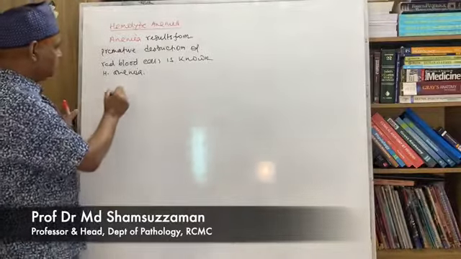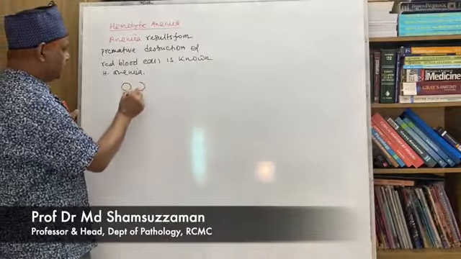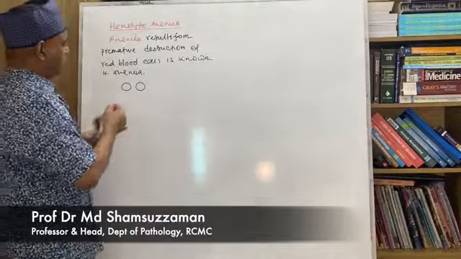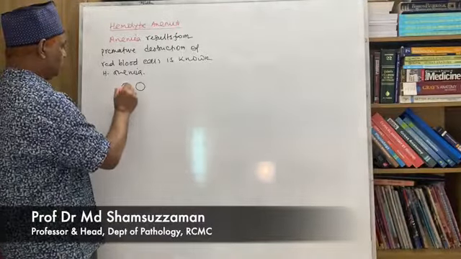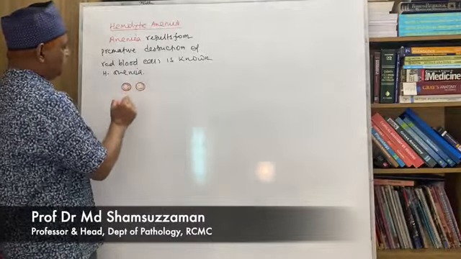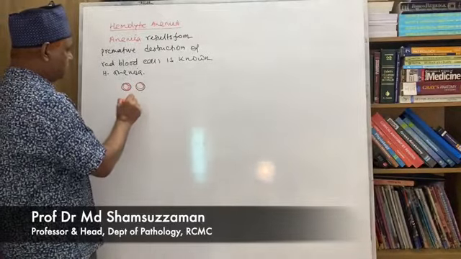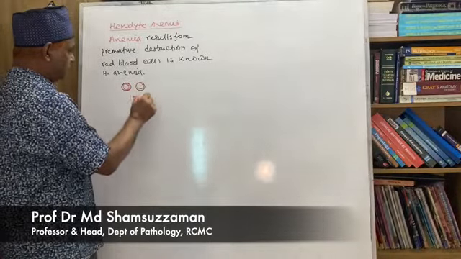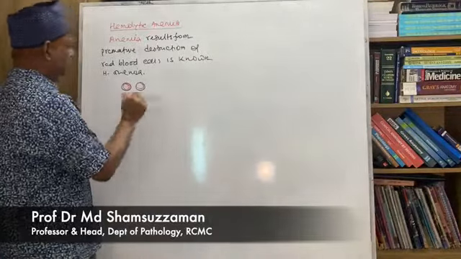Dear audience, this is an RBC containing hemoglobin within it. And you know, the average lifespan of an RBC is 120 days.